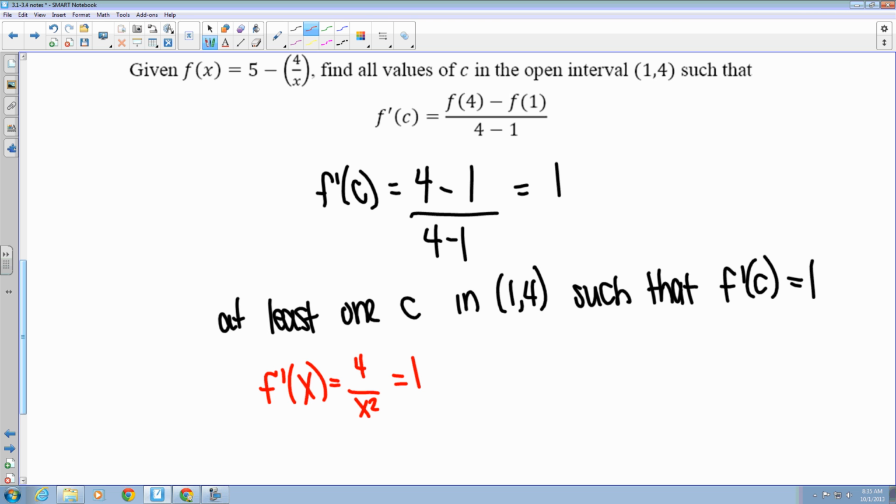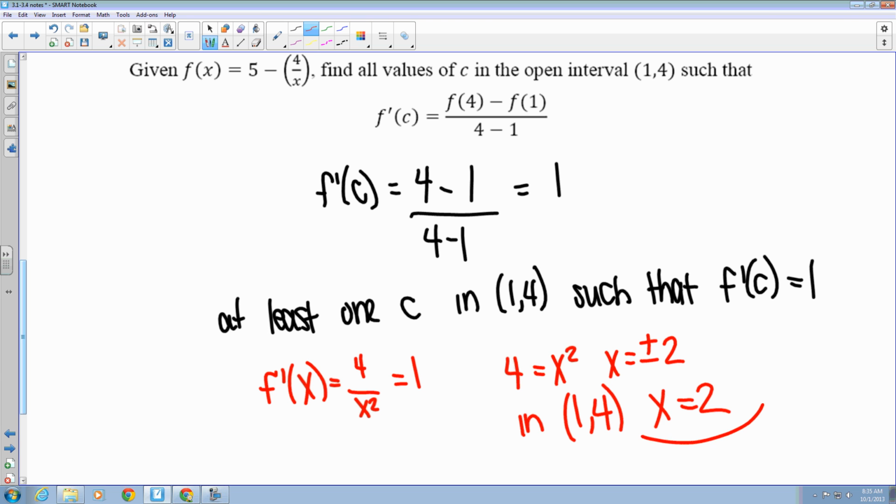We want to know when that's equal to 1. Multiply it across. 4 equals x squared. x is plus or minus 2. So the only one that's in the interval is x equals 2. That's our value.